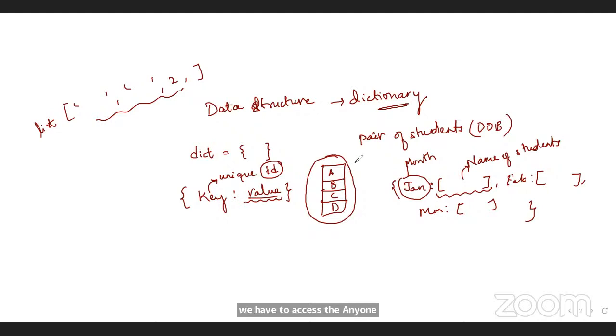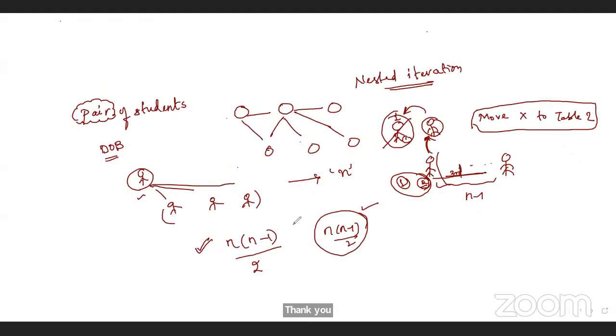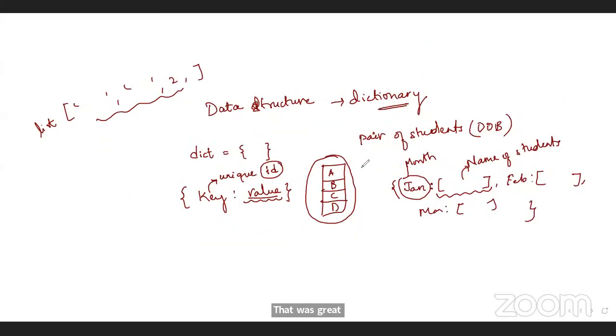It is exactly n times in terms of the number of students, that is, the size of the data set. In just one traversal, we can find out the pair of students. Any doubt till here?